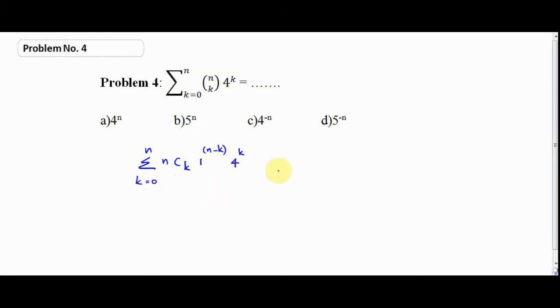This is nothing but the binomial expansion corresponding to (1 + 4)^n. 1 plus 4 is 5, so it is equal to 5^n. So here the right answer is given by option B, 5^n.